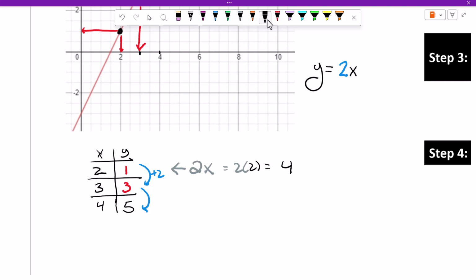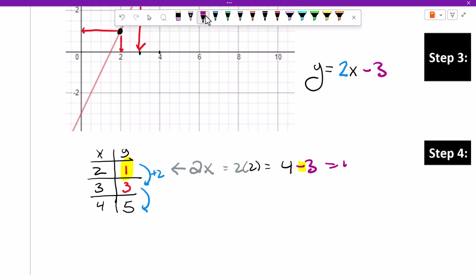What do we need to add or subtract to make it work? It should have been 1. So subtract 3, yeah. So minus 3.